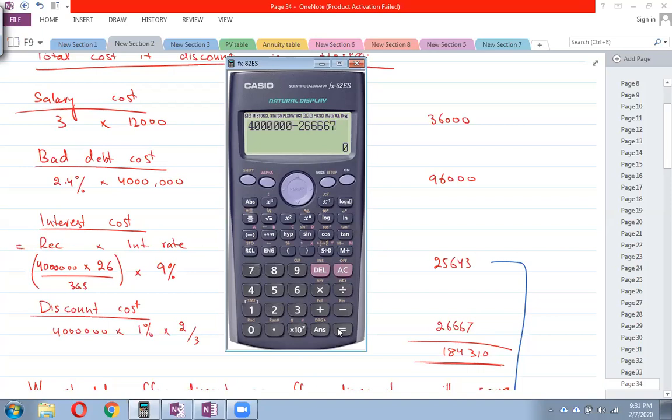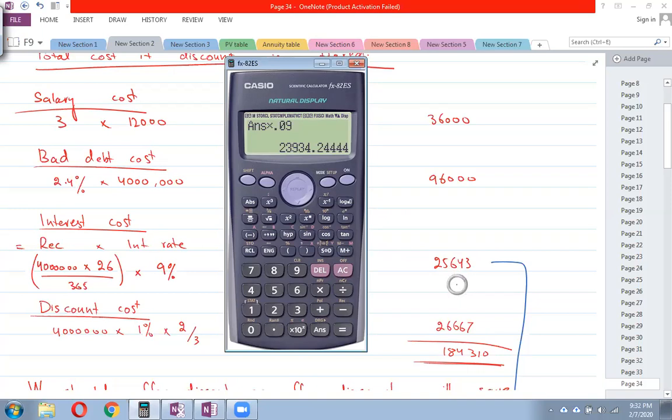So now this will be the sale figure that you'll be writing here. And now this sale figure multiplied by 26 divided by 365 multiplied by 9%. So that's the interest that you should be recording, right?